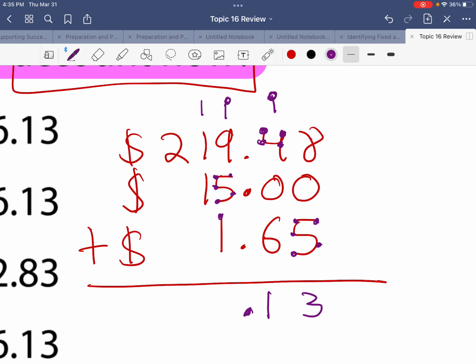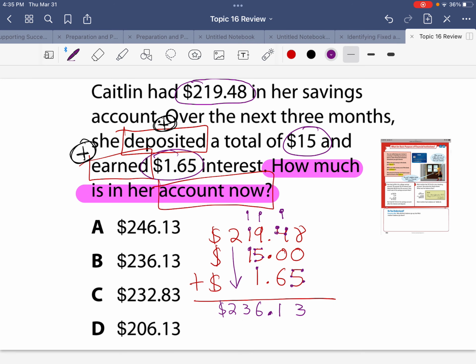Carry my 1, drop my 6. 1, 2, 3. And then I drop my 2. So in all, after depositing the money and earning the money, she was able to get $236.13. B.